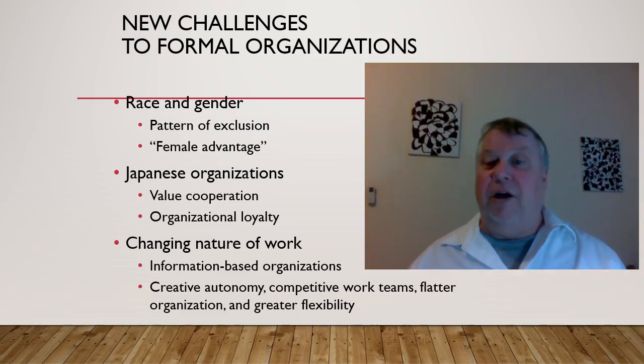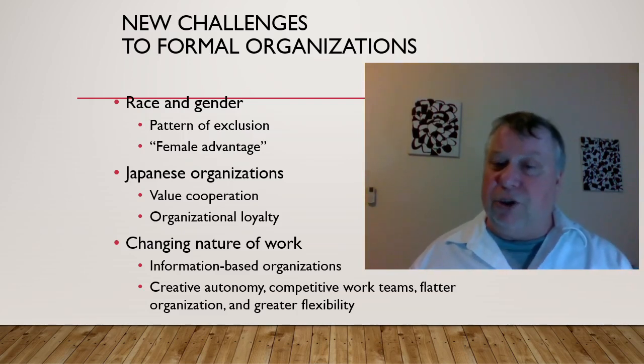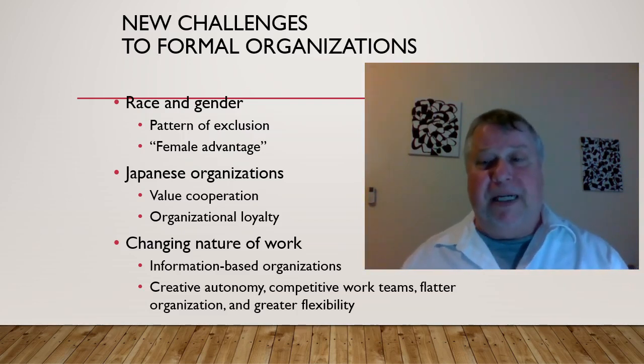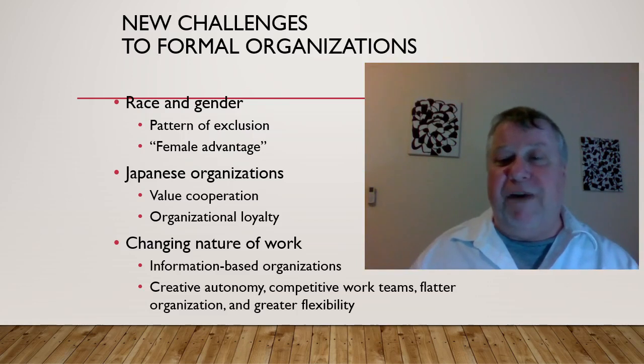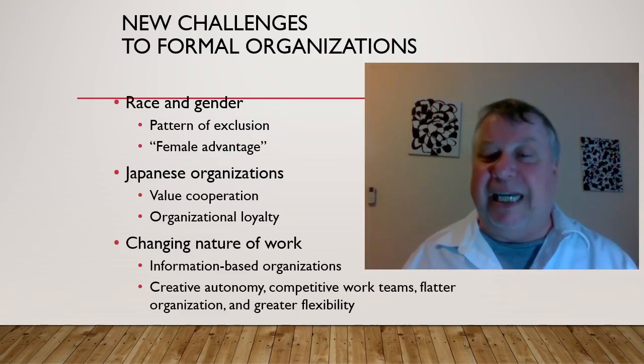Now, other opposition in a way for American organizations is other cultures. So for example, the Japanese certainly have bureaucracies, but they're a bit different, because in Japanese culture you have much more value on cooperation, and one might say organizational loyalty.